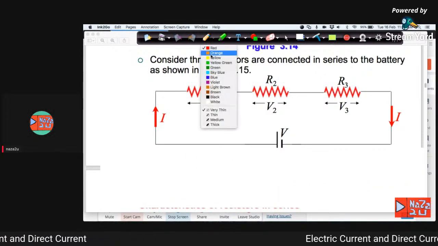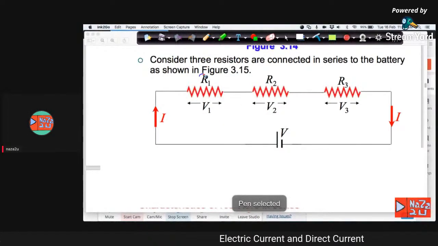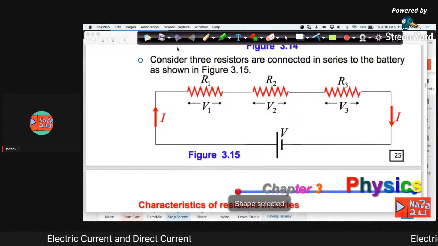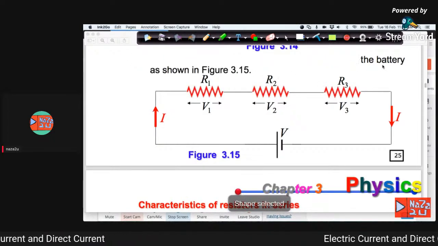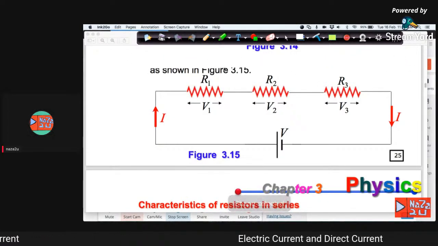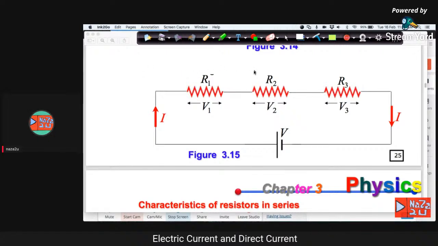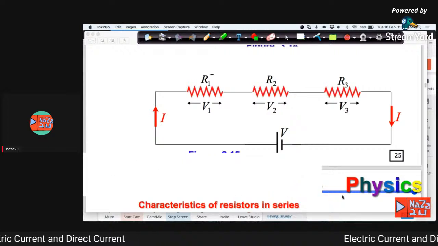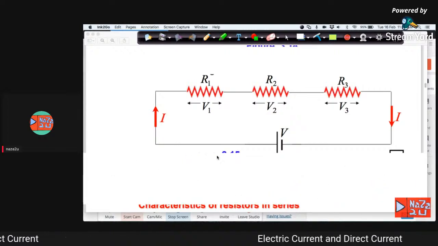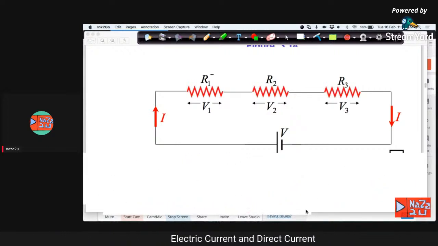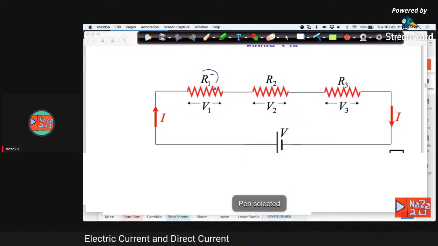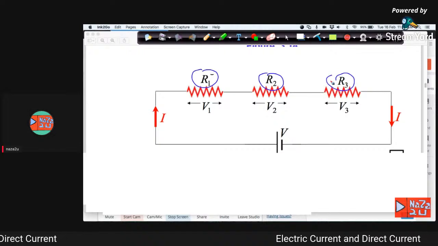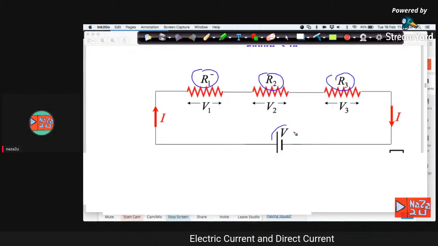So we have resistor 1. Right? Sorry. This is 3 resistors in the circuit. This is resistor 1, this is resistor 2, resistor 3 connected to the battery.